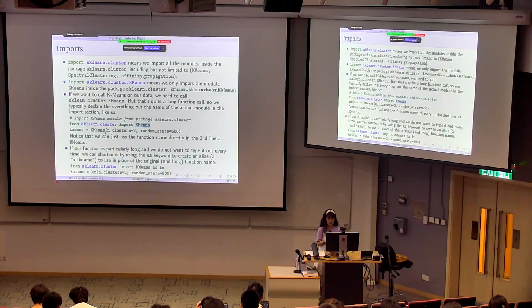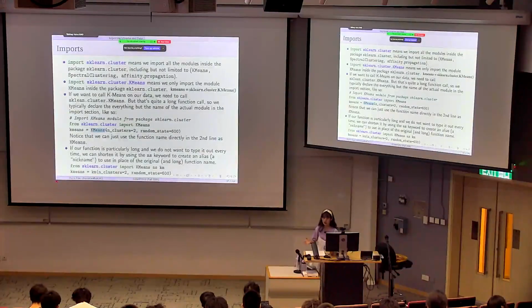All right, but you may say that you still think it's too long. Each time I have to type these six letters, 1, 2, 3, 4, 5, 6, to create a k-means object. I don't want to do this. This name is too long.